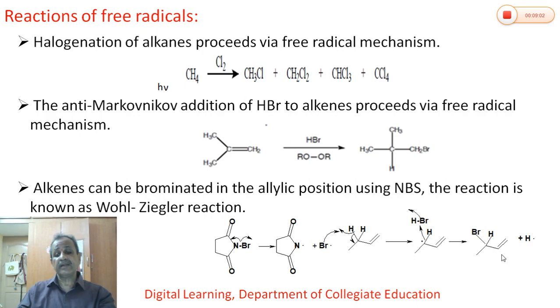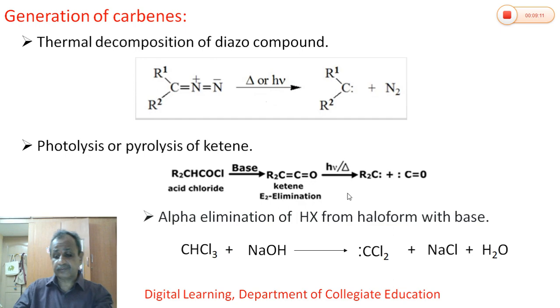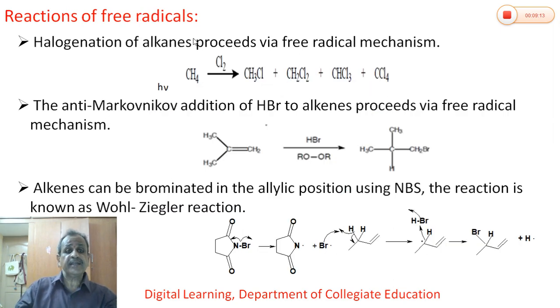Now let us see in what all reactions free radicals are involved. Take halogenation of alkanes; this reaction proceeds via free radical mechanism. When a mixture of methane and chlorine is exposed to diffused sunlight, the hydrogen atoms of methane are replaced by chlorine atoms, one by one.